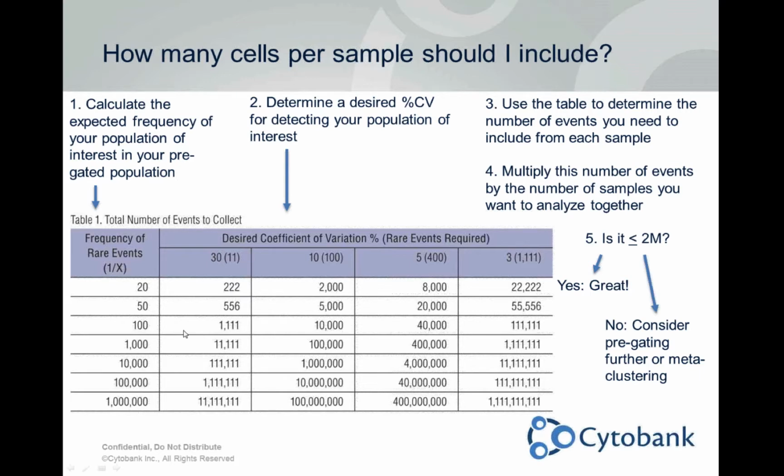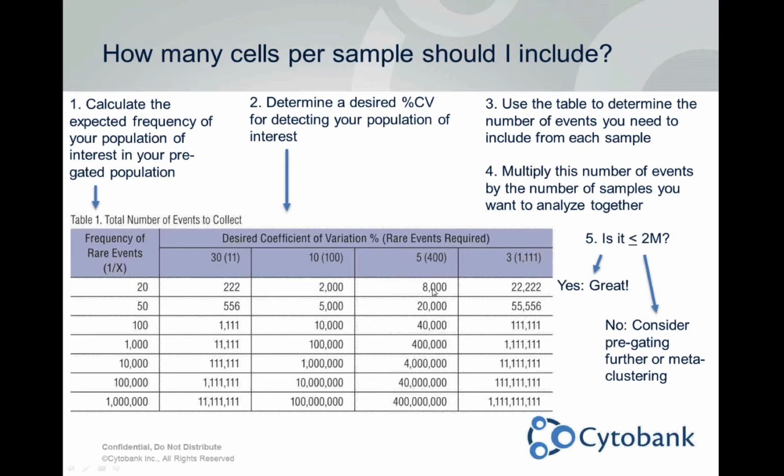If you're looking for an event that's 1 in 20, that's 5%, about a B cell, plus or minus a little bit, with a desired CV of 5%, you need about 8,000 cells per sample. You need 16 samples, so it's this times 16, and that's very doable with ViSNE.